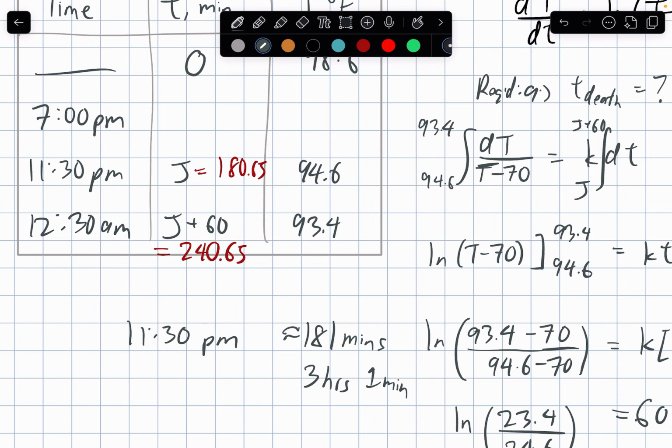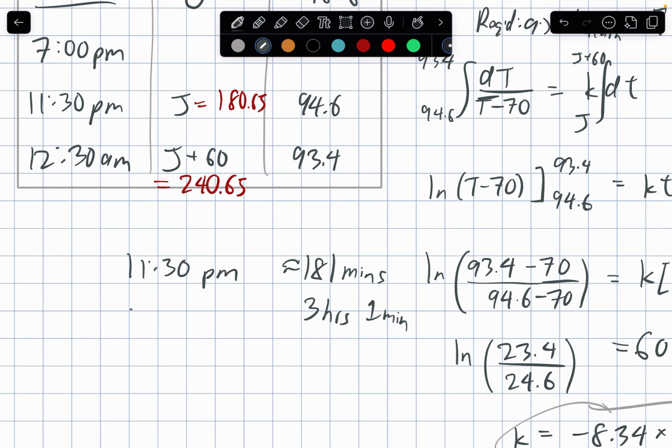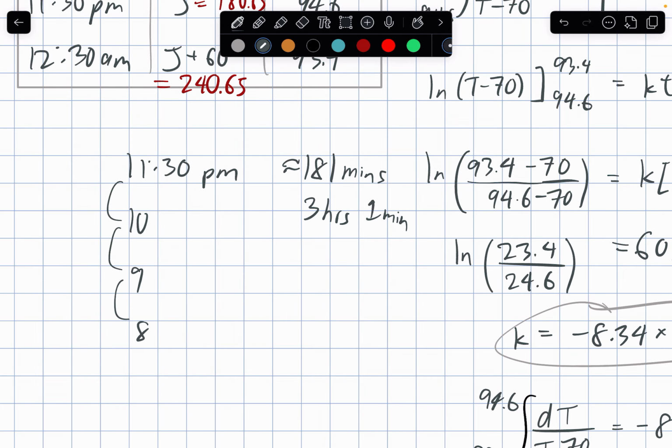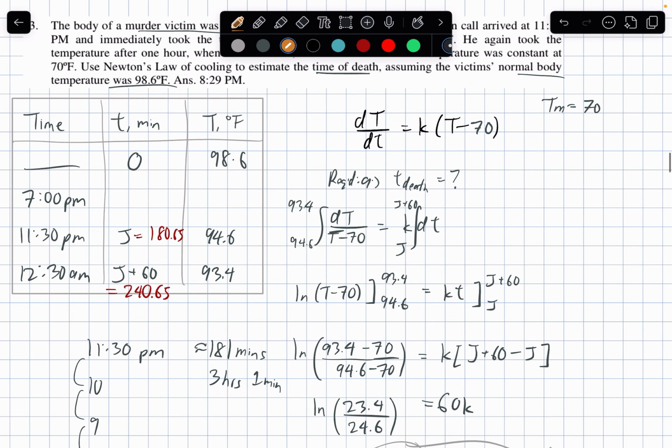Convert that to hours. That is 3 hours and 1 minute. So 3 hours ago from 11:30: 10:30, 9:30, 8:30 p.m. You account for the 1 minute, so that becomes 8:29 p.m. Using what we have, we assume that at T0, the temperature of the body was 98.6.